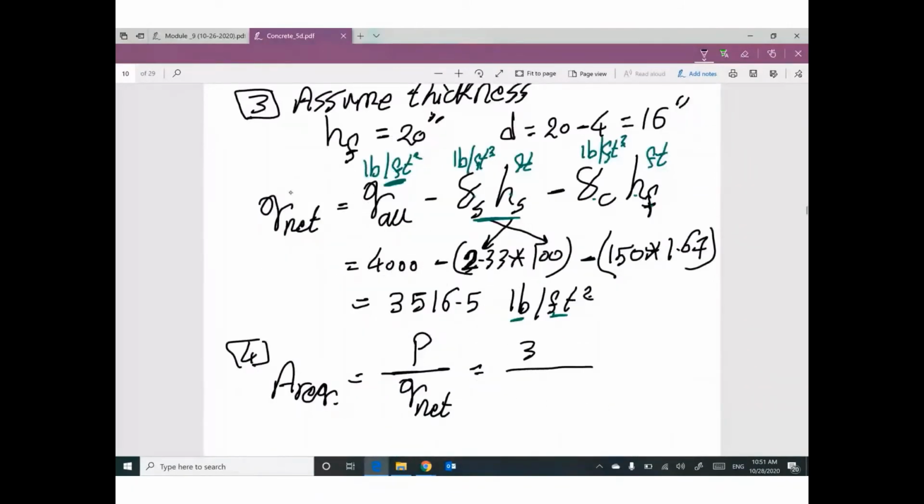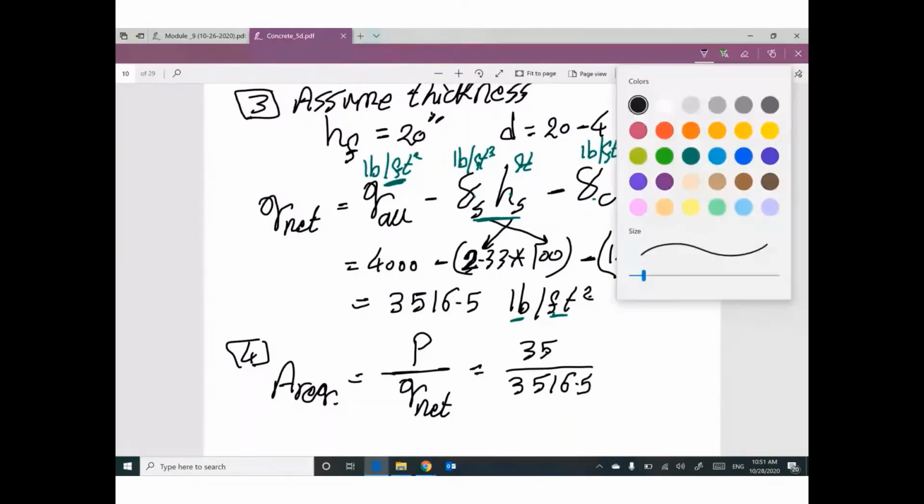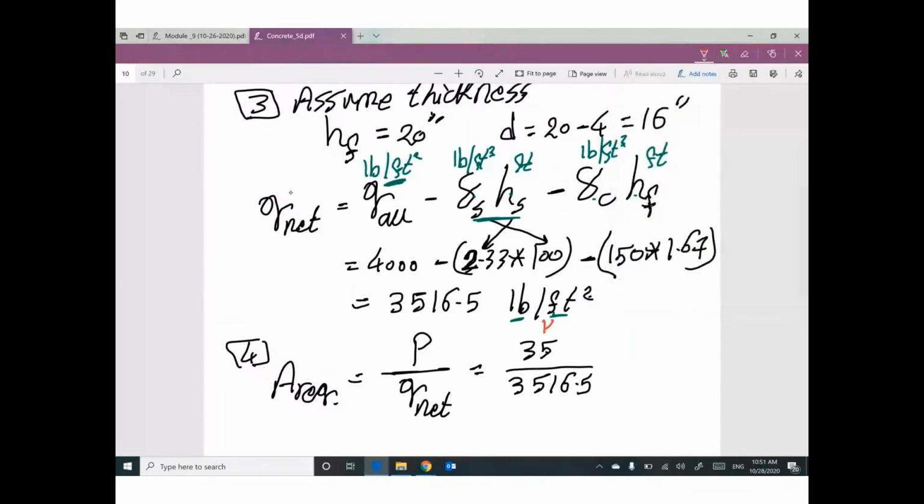Q net is 3,516.5, but we have an issue. This load is in kips, and this allowable Q net is in pounds per square foot. So I have to multiply this value by 1,000. The area required will be 9.95 square feet.